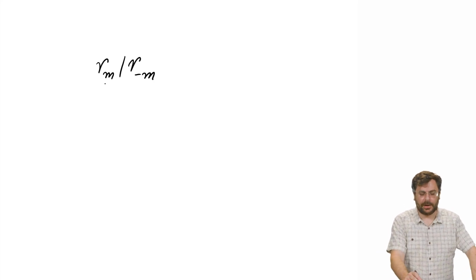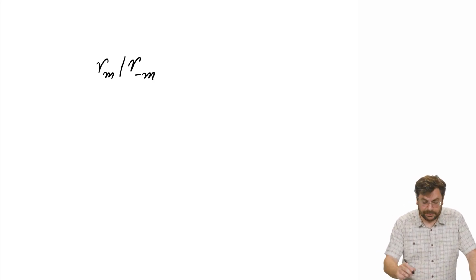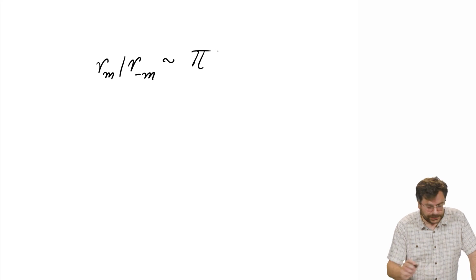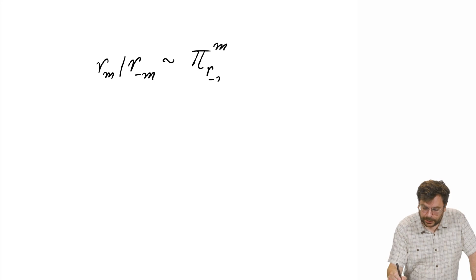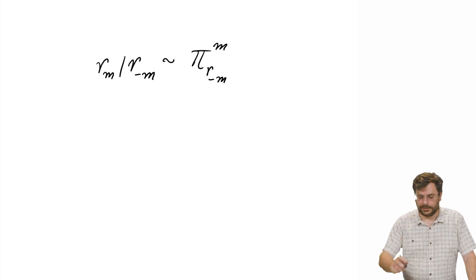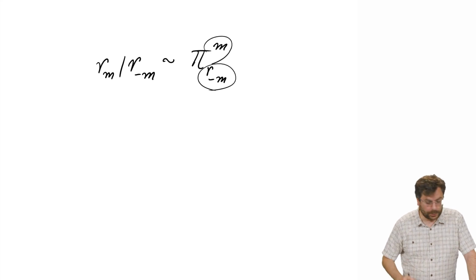So an object that'll pop up very often is sampling Rm conditioned on everything else, which is sampled from some distribution, superscript m, conditioned on R minus m. So this is the distribution for the mth variable, with parameters R minus m.